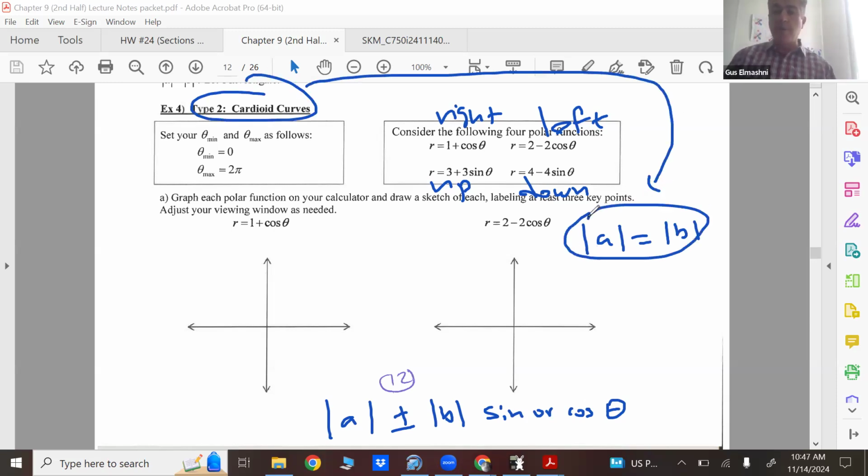The absolute value of A equals the absolute value of B, where A and B are the numbers that are part of the function here. A is a number on its own and B is a number that's next to the trig function. Correct. So let's just do this in Desmos, see what happens.